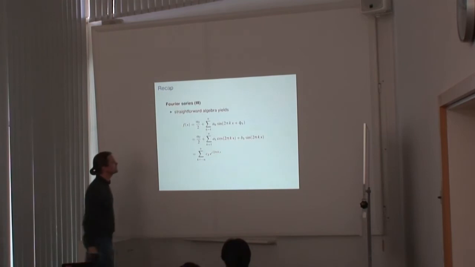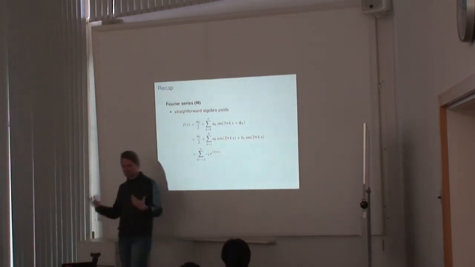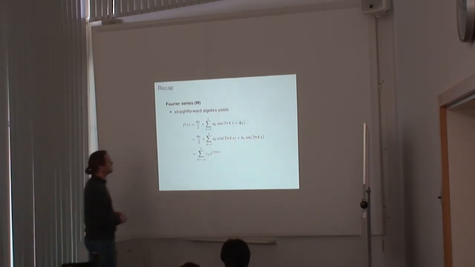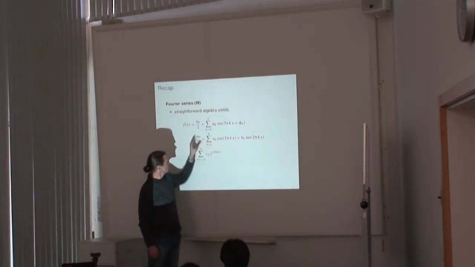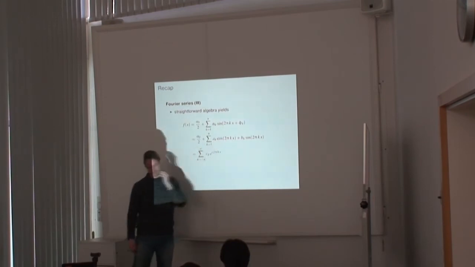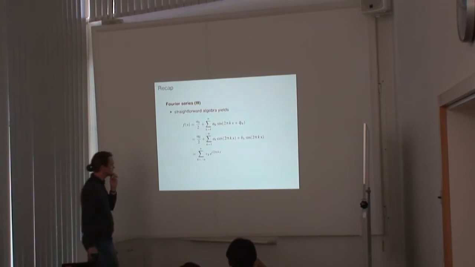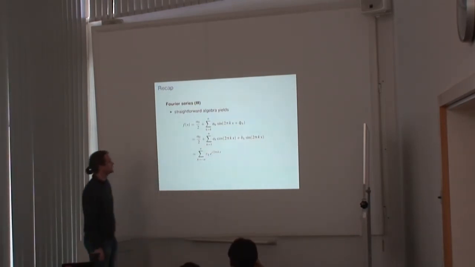Well, the first thing we did is we got rid of the phase parameter. This was just by applying an addition theorem of sine and cosine. And the next thing we did is we rewrote this function, which at this point was expressed in terms of cosine and sine functions. We rewrote it and expressed it in terms of complex exponentials. I hope you verified that at home.